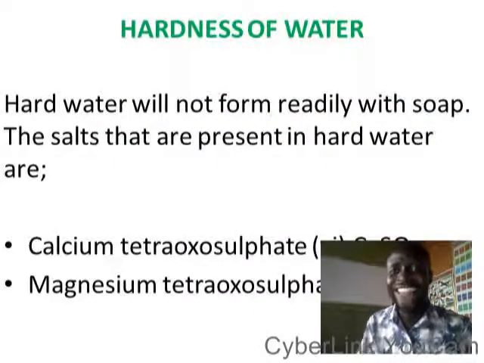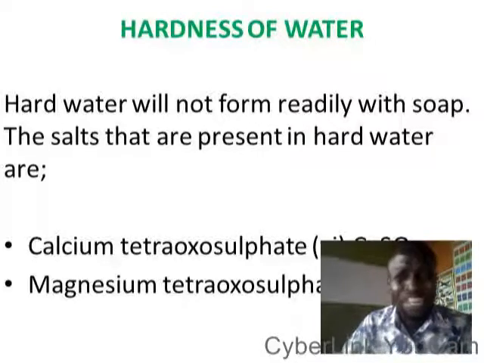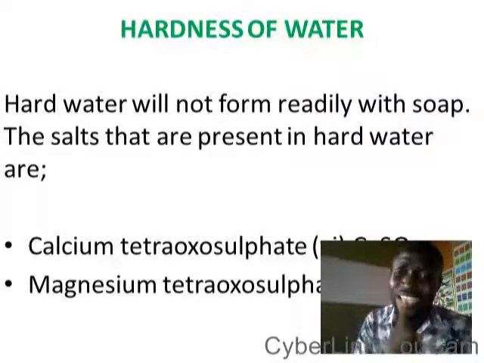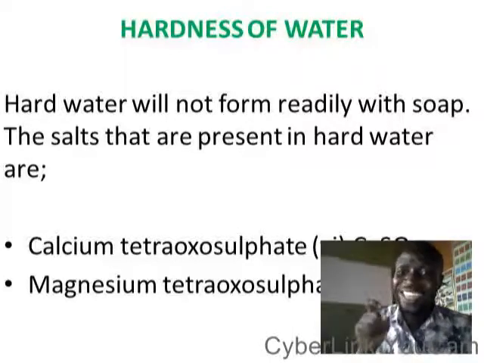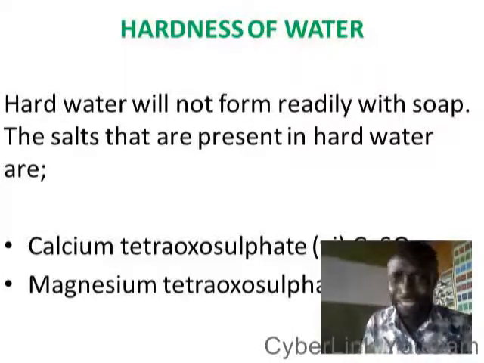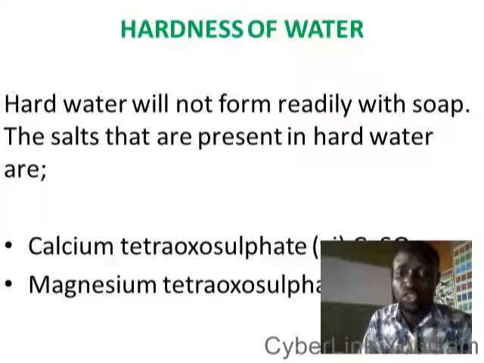Hardness of water. Can water ever be said to be hard? Water can be said to be hard if it wastes soap, if it does not foam readily with soap.